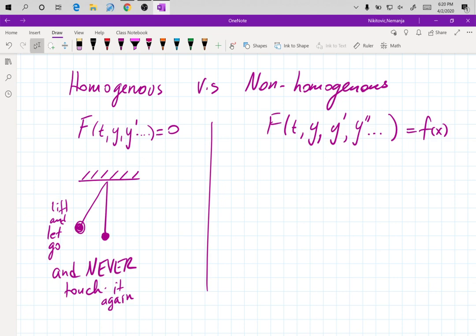Now, what is the non-homogeneous case? This function here provides you with the ability to keep pushing the kid every time the kid goes here. You hit it with f of x.